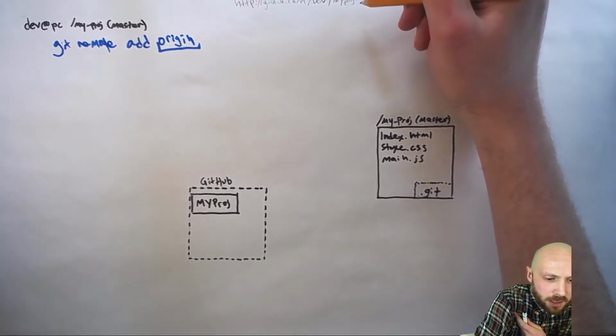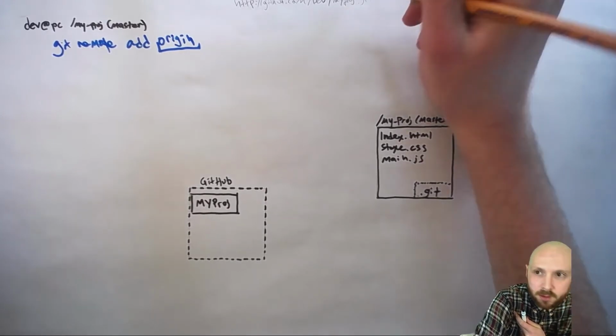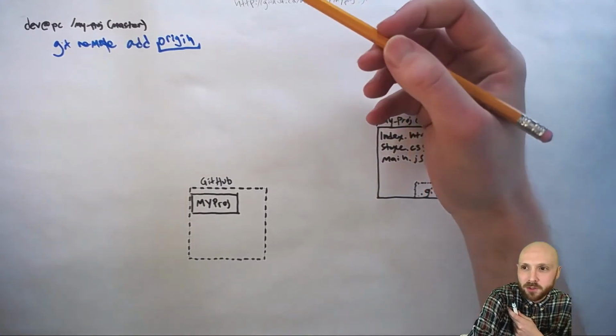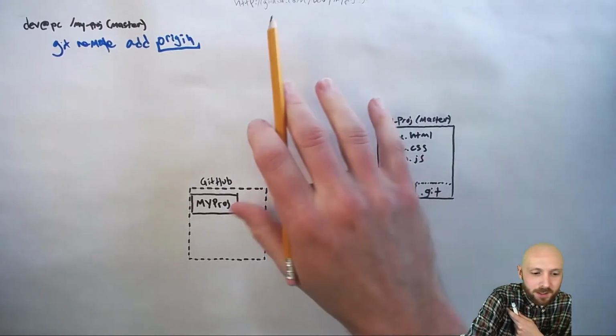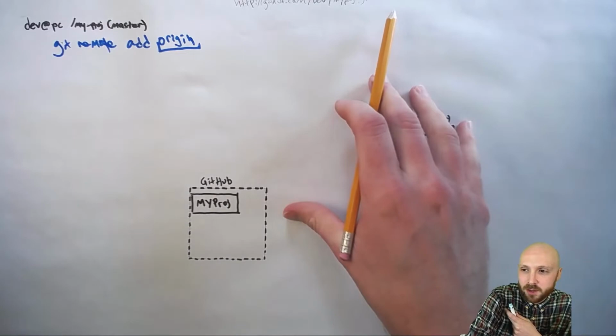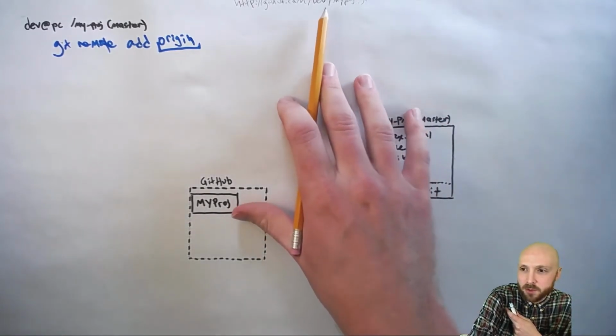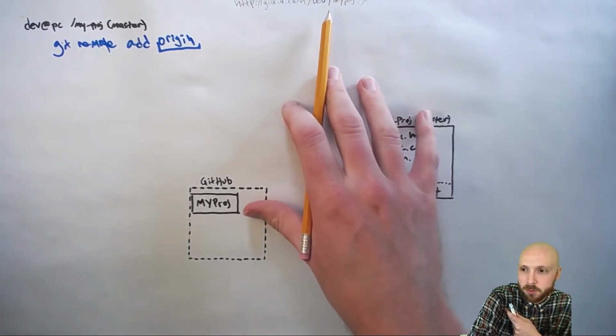And then you will see something like myproj.git. I'm well off the screen, but it is a standardized set of a URL path to your remote repository.